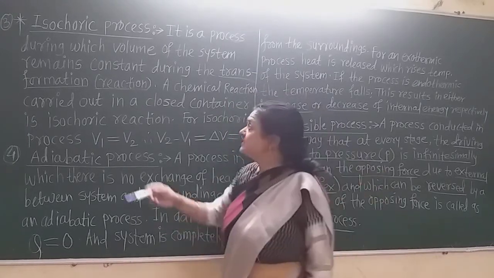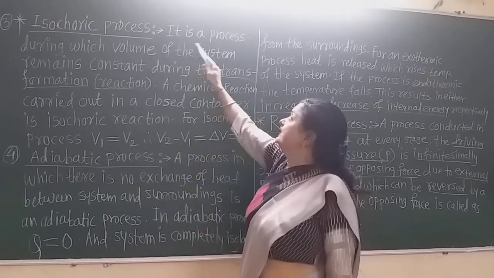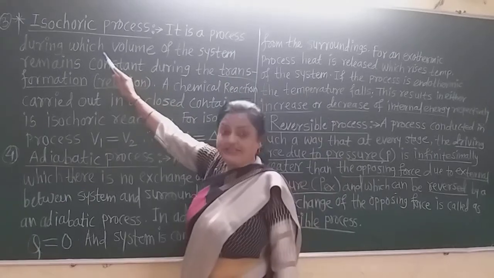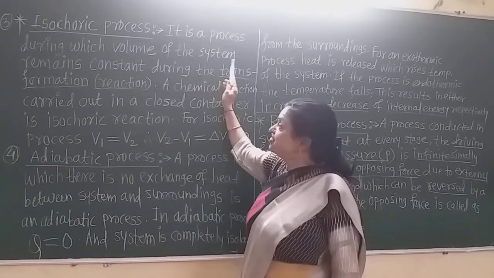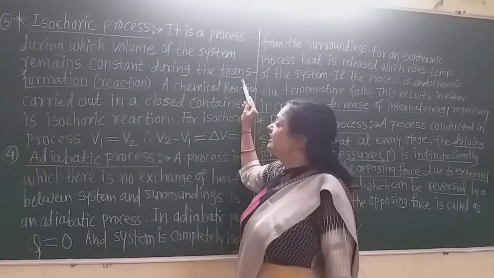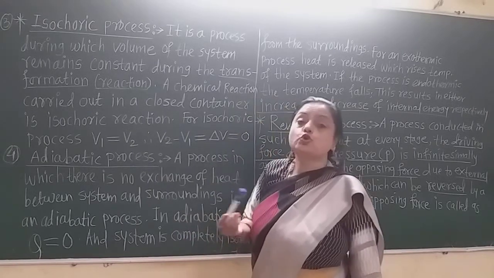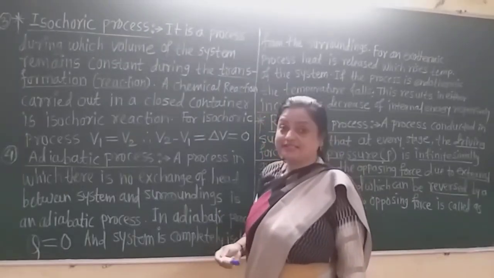So see students, what is the definition of this isochoric process? It is a process during which the volume of the system remains constant during the transformation, that is the reaction, and it is called the isochoric reaction or process.